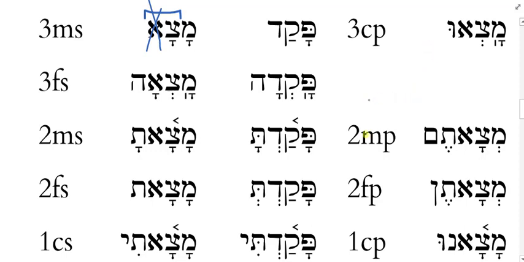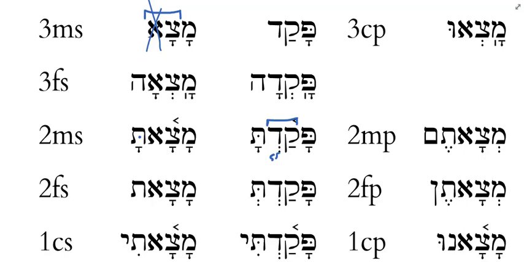So let's see some other places where it closes. The second masculine singular form, paqadta. You see how root three forms a closed syllable, qad, right? With a silent shewa, paqadta. And then this would have been matza, silent shewa, patah, ta, right? Now, what happens here? The aleph tries to close. Aleph is lousy at closing. What does it do? It quiesces. What happens to the short patah? It lengthens to compensate. And now, if the aleph is quiescent, it is not pronounced.